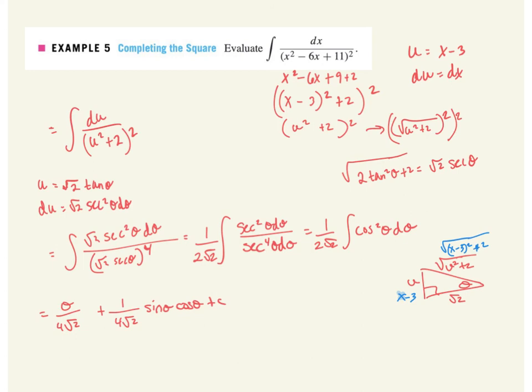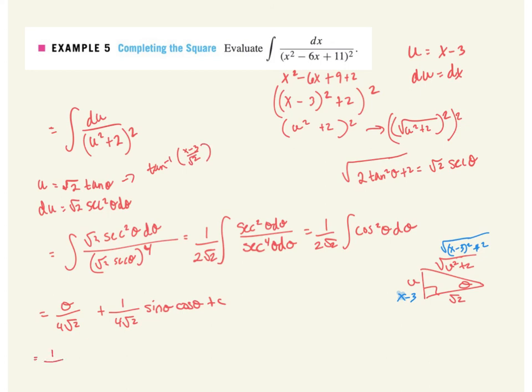Right, so my final answer is going to be, in order to get this theta, theta is equal to tan inverse of x minus 3 over root 2.